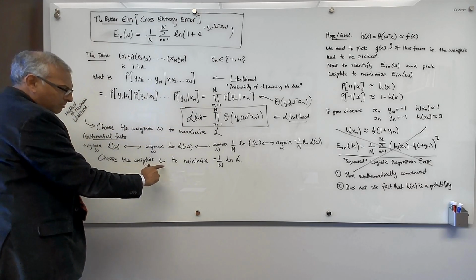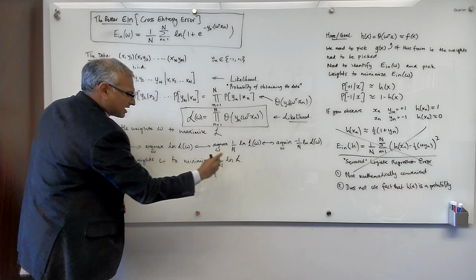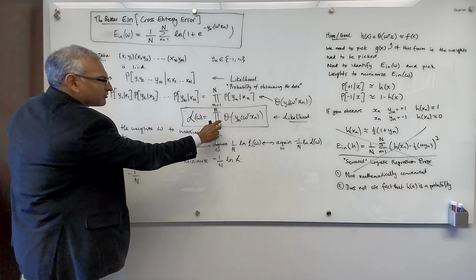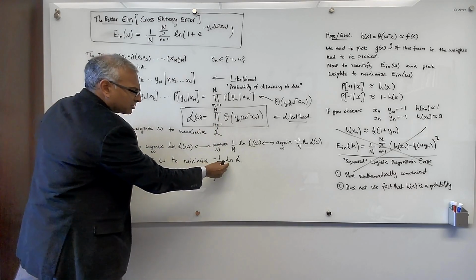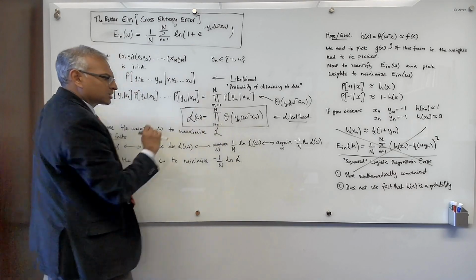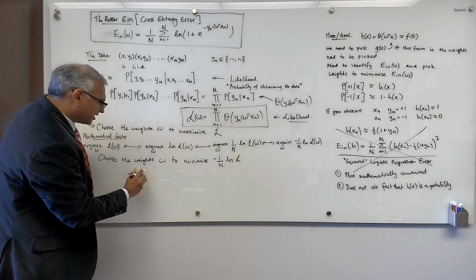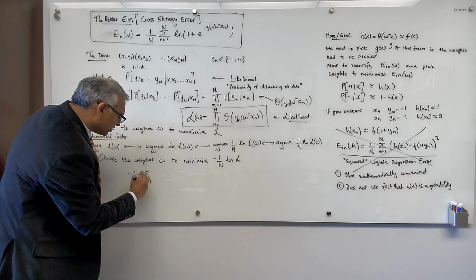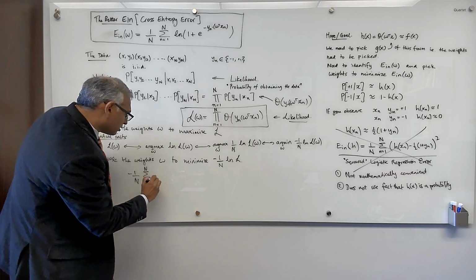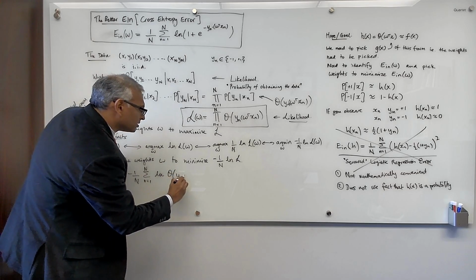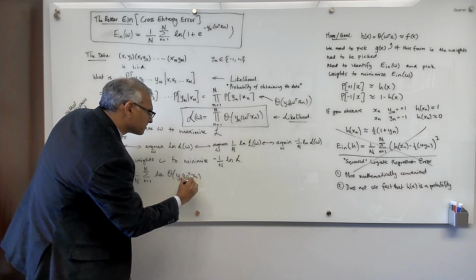So we want to minimize what? We want to minimize this guy. We want to minimize minus 1 over n, the logarithm of the likelihood. But I already told you why we introduced the logarithm: because the logarithm of this product becomes a sum of logarithms. So we want to minimize minus 1 over n, the sum from little n equals 1 to big N of the log of theta of yn w transpose xn.